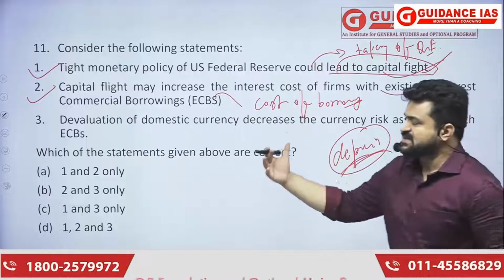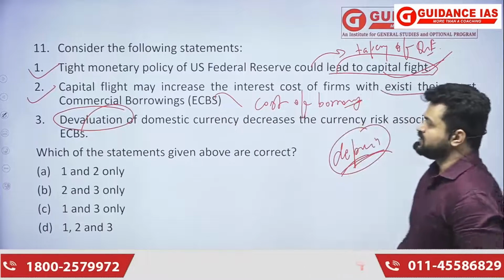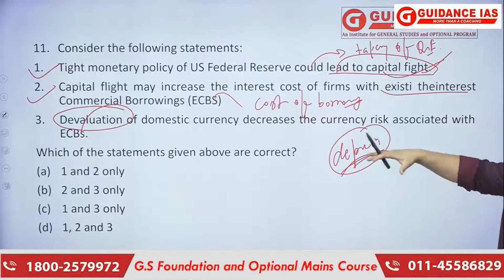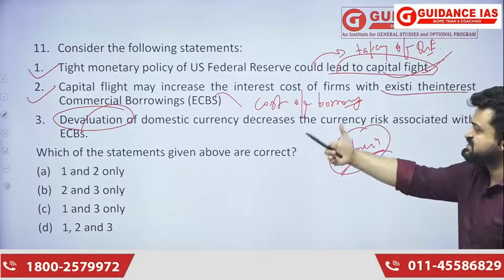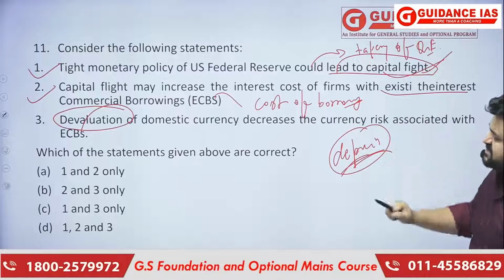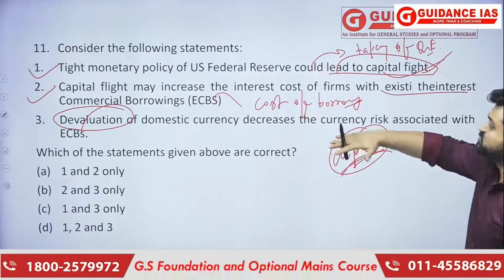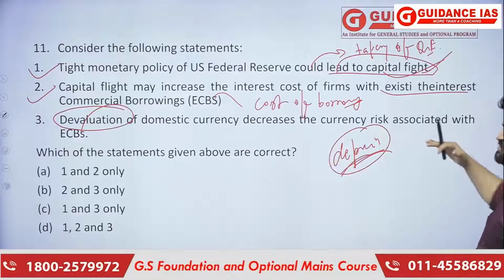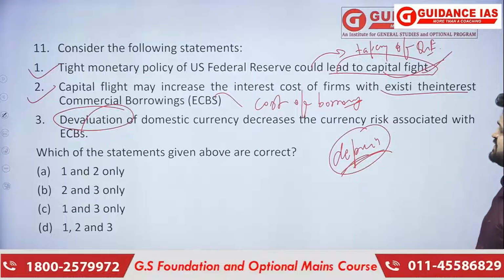When it is purposely done by the central bank, that is called devaluation. So the effect of depreciation and devaluation will be the same. Depreciation of domestic currency actually increases the currency risk associated with ECBs. It does not decrease the currency risk.